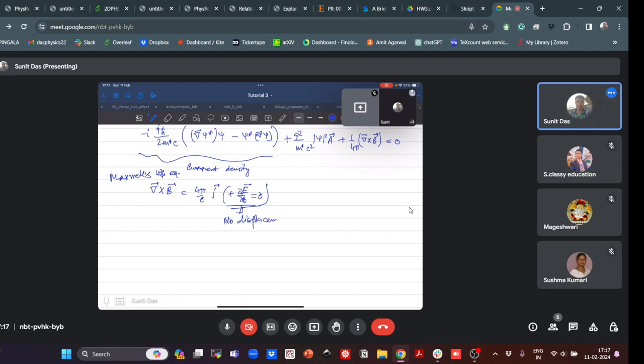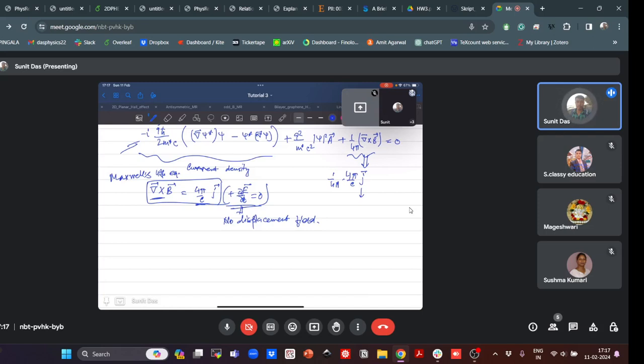So this is known from Maxwell's equation, so we'll put this in this equation. So basically curl of B equal to 4 pi by c into j. If we put this here, then that will be 4 pi by c, 1 by 4 pi j, right? J is the current density.